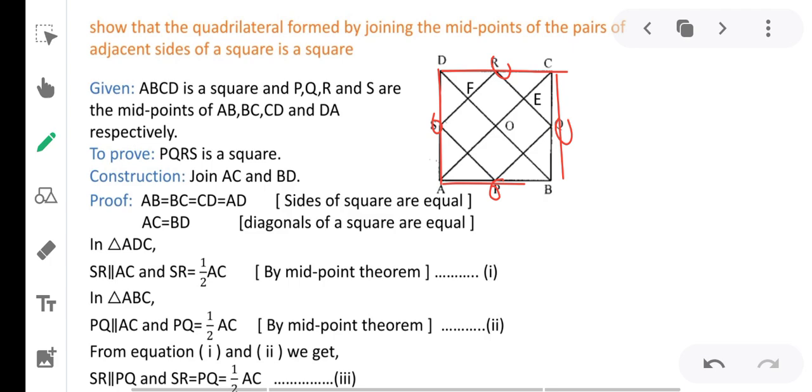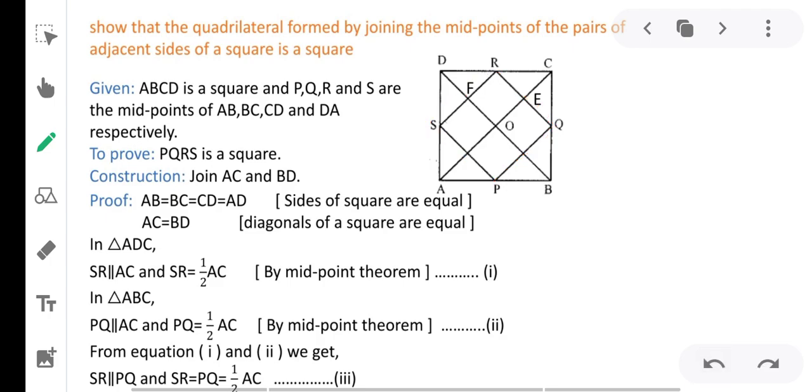Clear? Now if you join the adjacent midpoints, that means RS, SP, PQ and RQ, then the quadrilateral formed by the midpoints, PQRS, is a square.